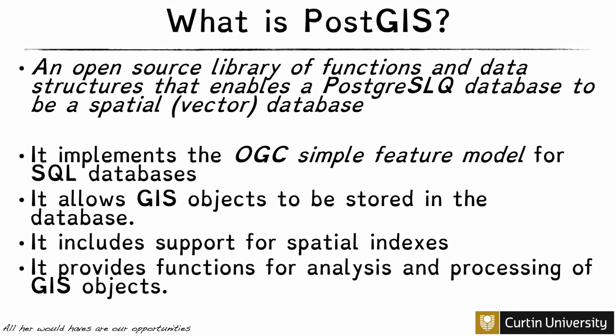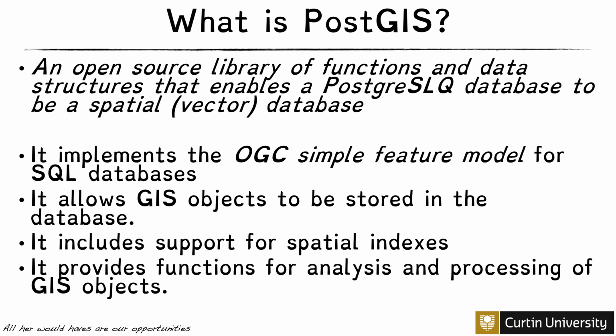So PostGIS is an open source library of functions and data structures, letting us use a PostgreSQL database as a spatial vector database. I say here it implements the OGC Simple Feature Model for SQL databases, and you're going, what is the OGC? It's the Open Geospatial Consortium.